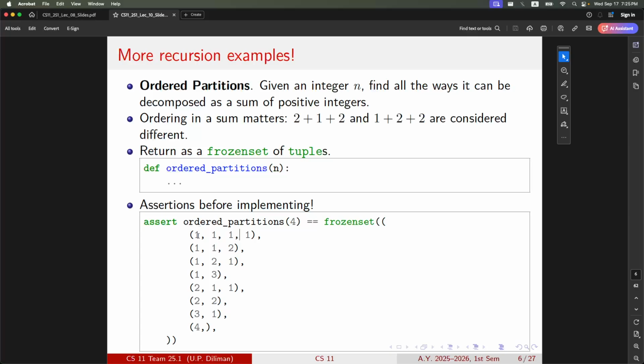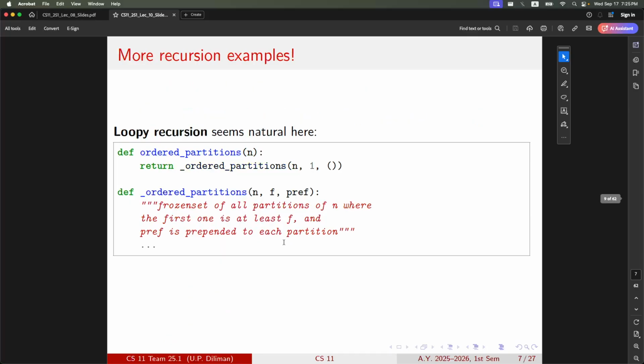Okay, so if, for example, we chose 1 at the beginning, then we can recursively partition 3. So that's the idea. This is still wishful thinking.